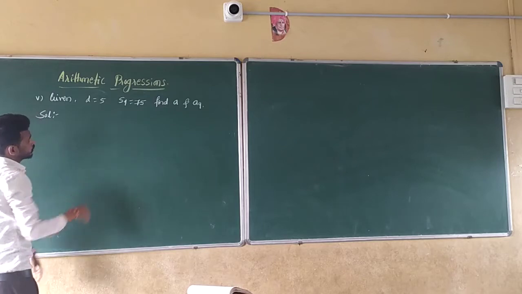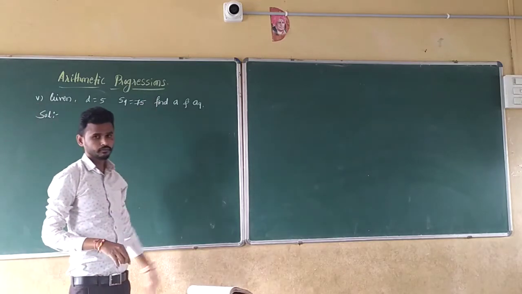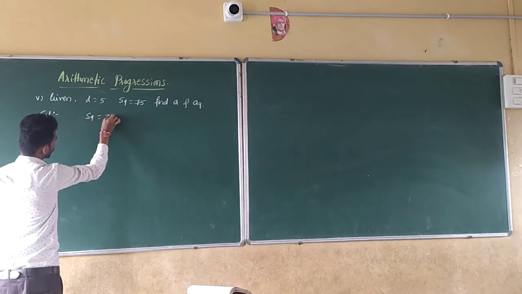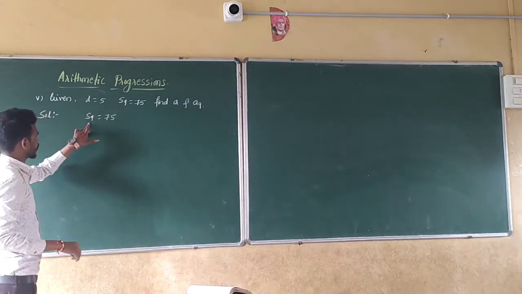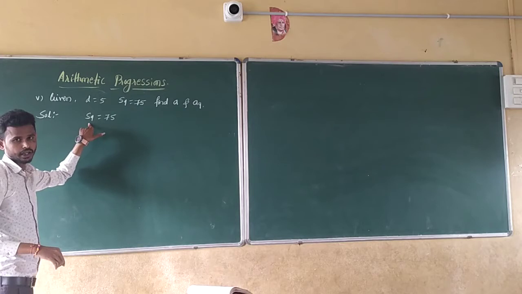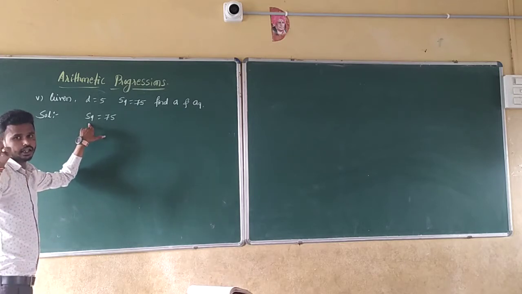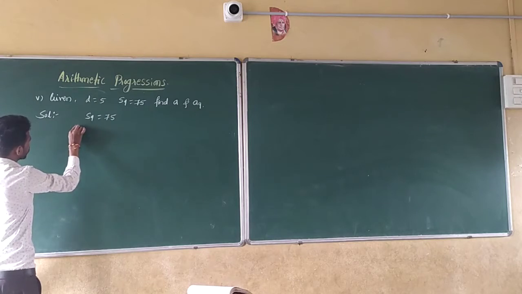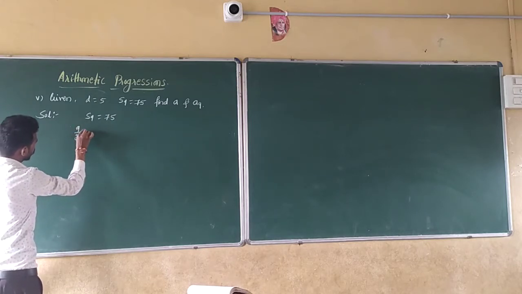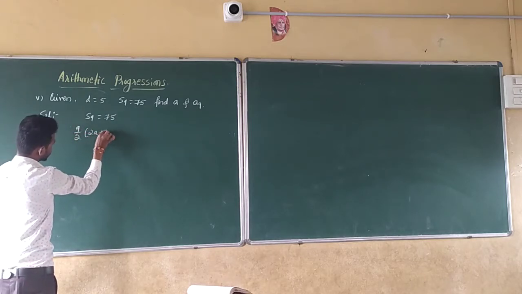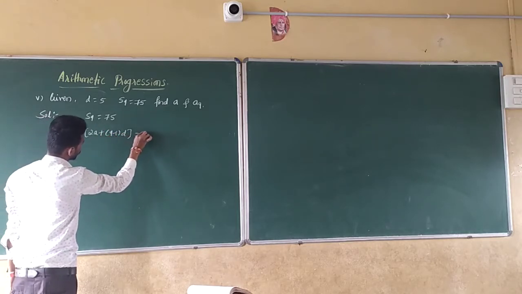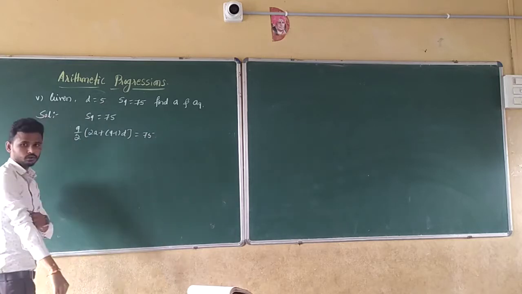So here now S9, what can we write? S9 is equal to 75. S9 means n equals 9. Wherever n is there, substitute n equals 9 in the Sn formula, that is 9 by 2 into 2a plus 9 minus 1 into d, which is equal to 75.